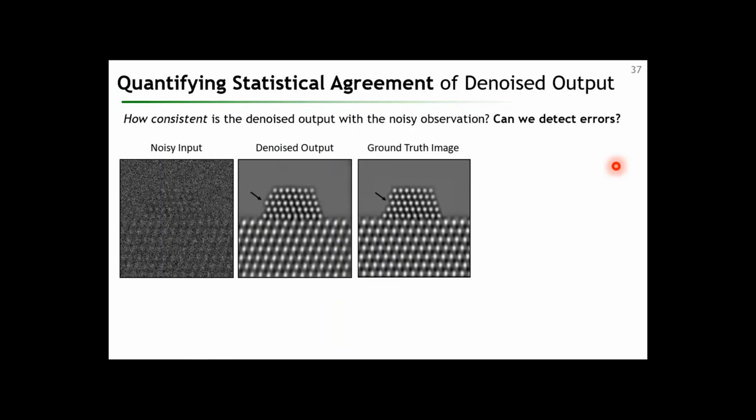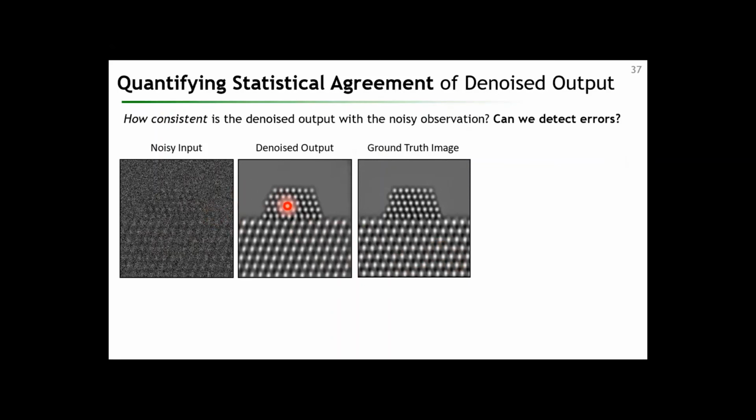So the second thing I want to talk about in this project before I wrap it up is how can we trust what's coming out of the network. So the network actually performed very well on our data. This is the noisy input, and this is the output of the network. And you can see that it qualitatively is almost identical to the ground truth image that we fed in.